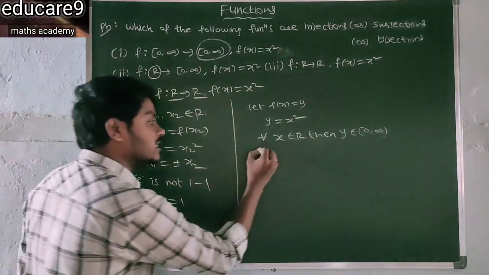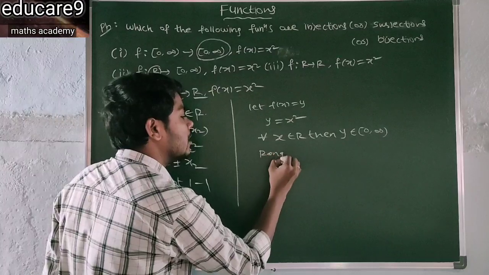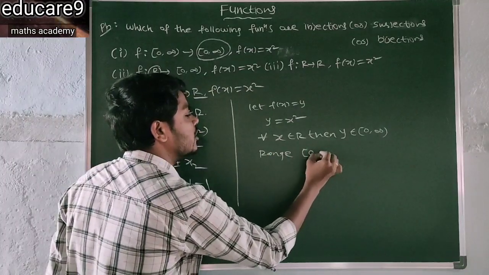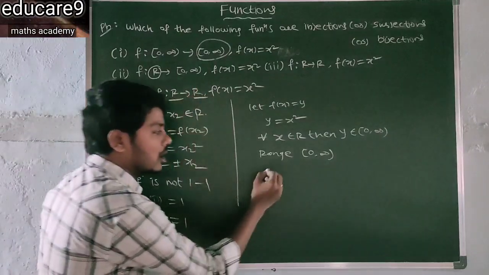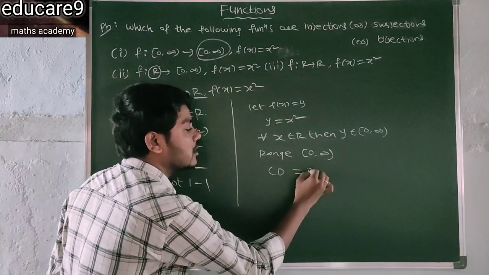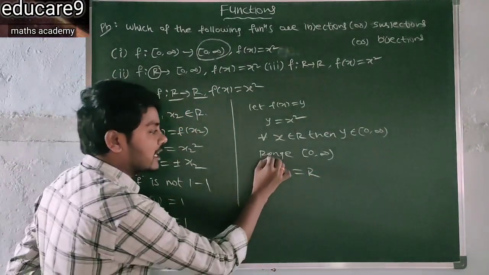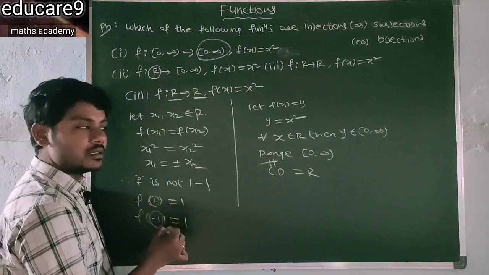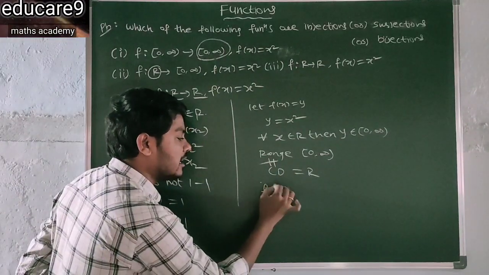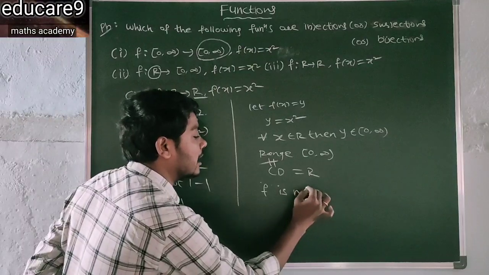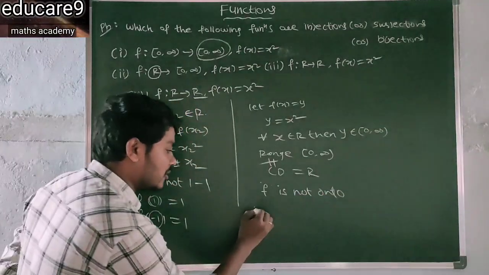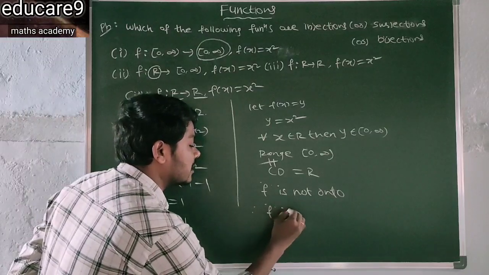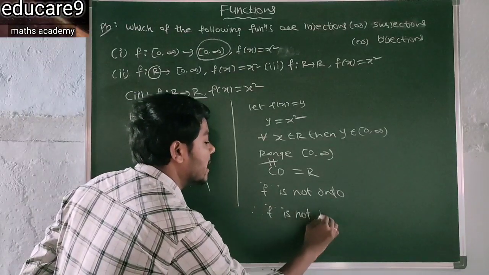So clearly the range is closed 0 to infinity. But what is the codomain? R. The codomain is R. So clearly the range is not equal to the codomain. So in this case, f is not onto. Therefore, f is not a bijection.